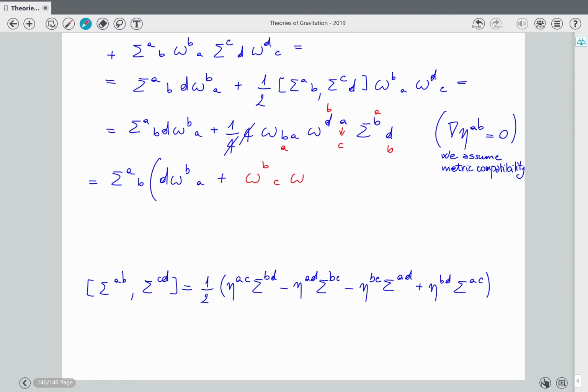C. Then I have this omega CA. Yes, it is right. Now I tell you why it is right.